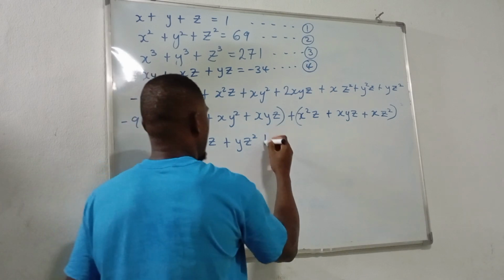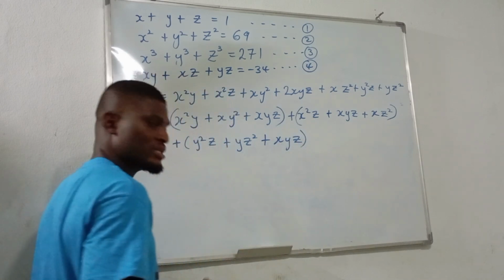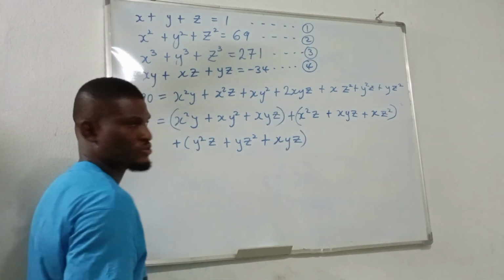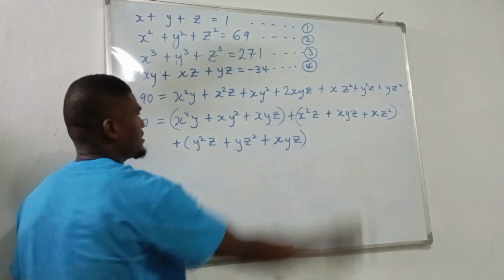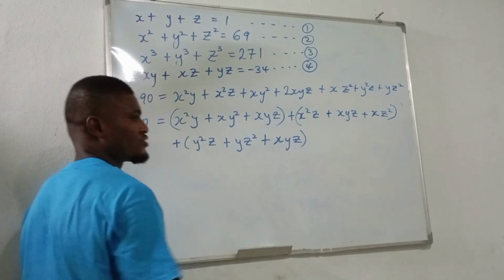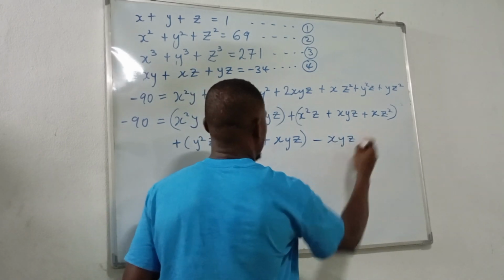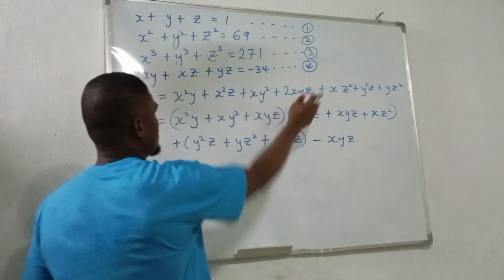So we need to also add xyz to it. But if you add xyz to it, you've increased the number of xyz. Remember, we had 2xyz here. This one. Now this is an extra one. So I need to subtract it out. Subtract that extra one out such that this equation is still the same as this.